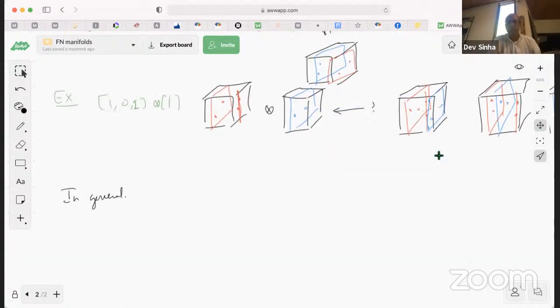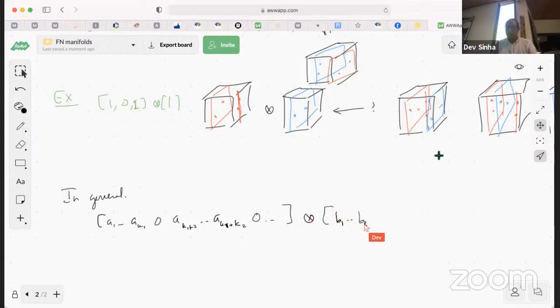So if my A's have these different blocks, and my B's have these different blocks, then under this transfer product, I'm going to get the sum of the shuffles of the blocks.